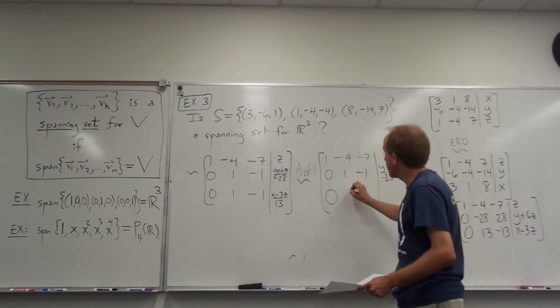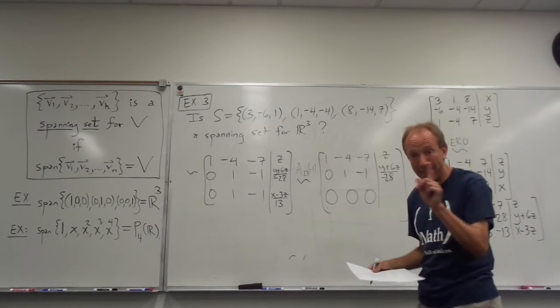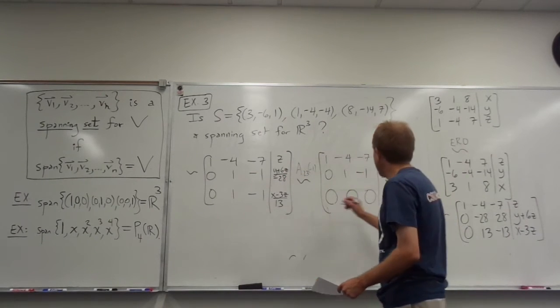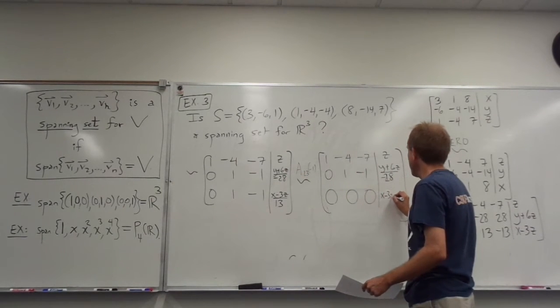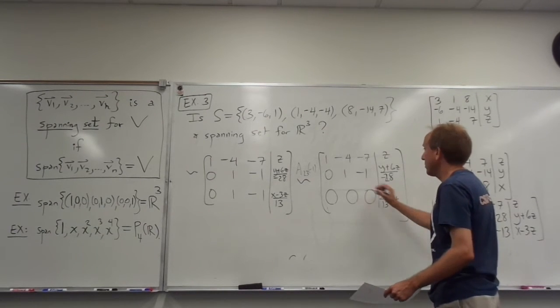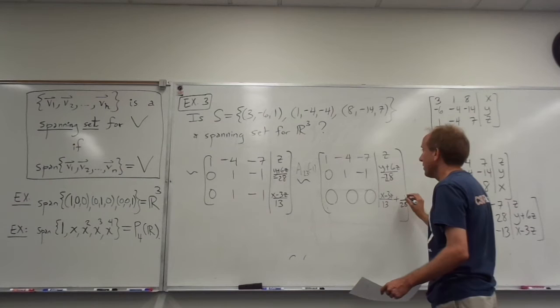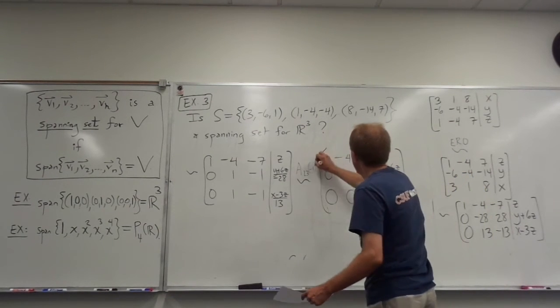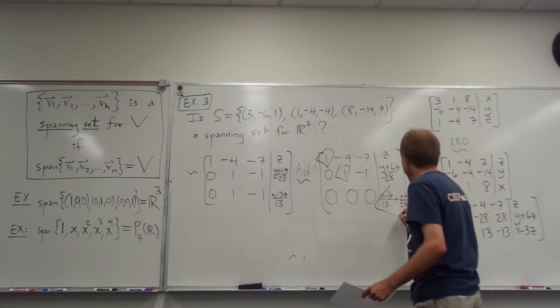So what happens in the third row, right, this is the key point. Row of zeros here, and then the negative of this added to this, so it's some messy expression here. X minus 3z over 13 minus, but actually it becomes a plus if I put the 28 on the bottom here. Y plus 6z. There we go. Notice where the pivots are.